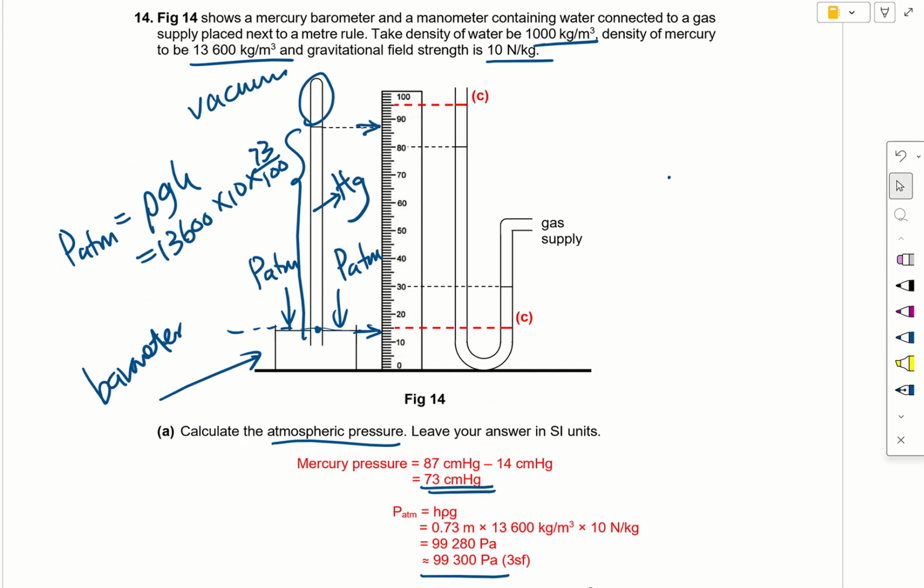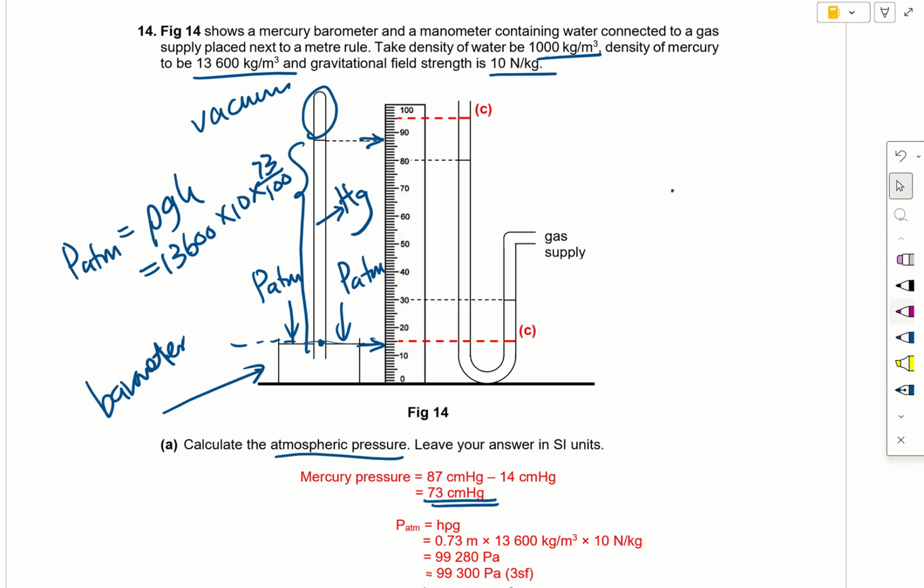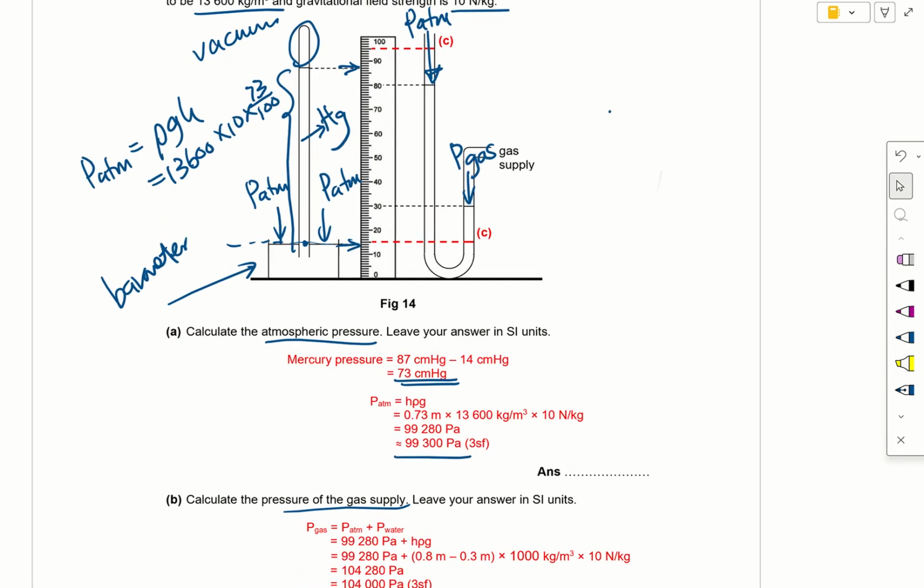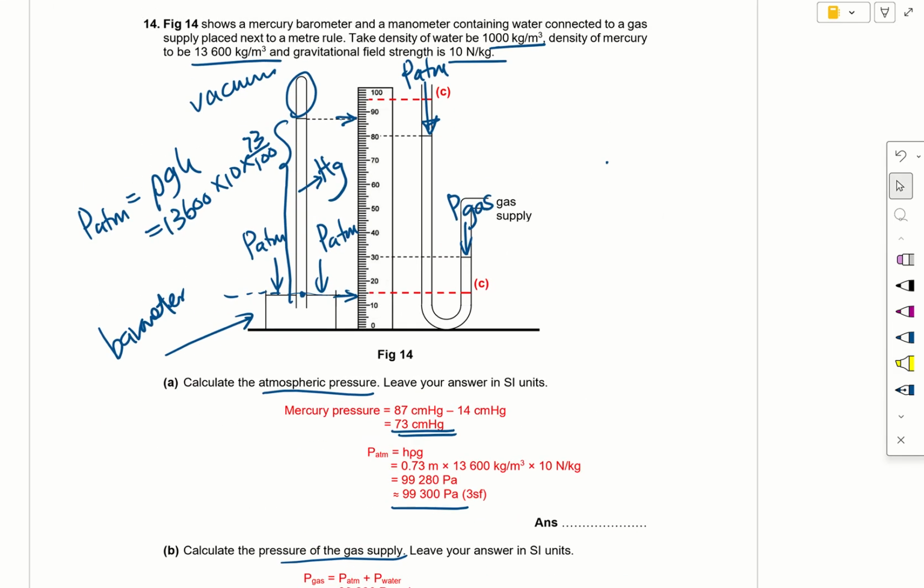So now we move on to the U-tube. Again, first step, whenever there is pressure acting on a surface, in this case here is P_ATM. Over here will be the gas pressure. We have to find the gas pressure because the U-tube finds the difference in pressure.